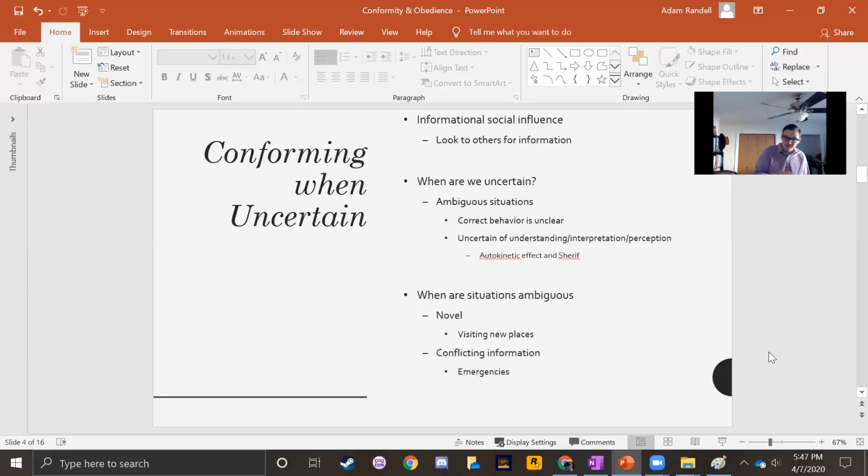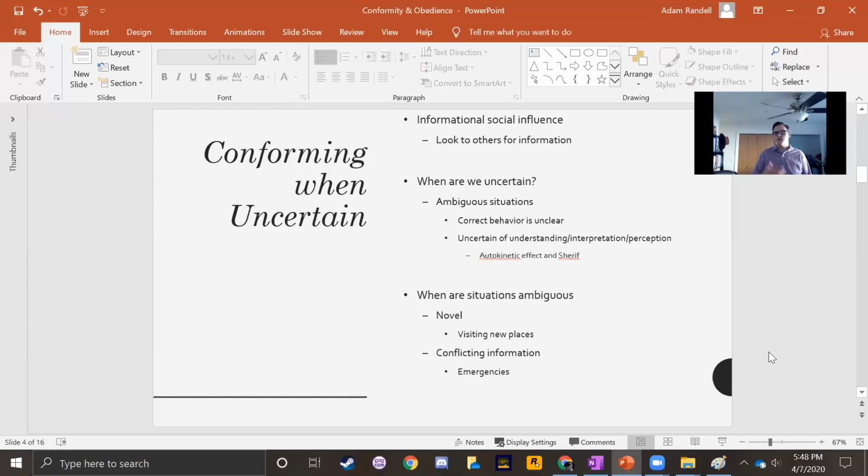Also, when there's conflicting information. So for example, in Sherif's experiment, he created a situation where there was conflicting information. What you saw, the question, and then the more conflicting information arose when other participants started giving answers that were greater than 0, meaning that they thought the dot of light moved. But emergencies can also give you conflicting information.